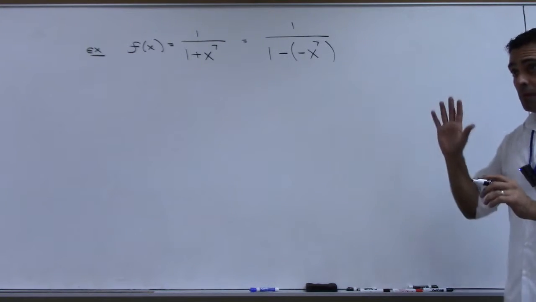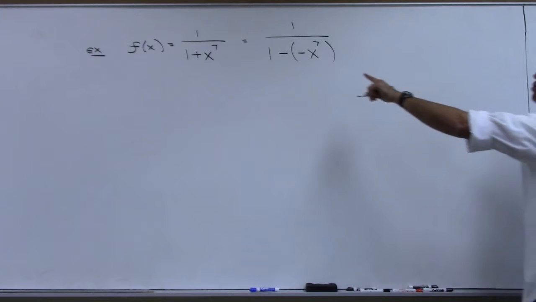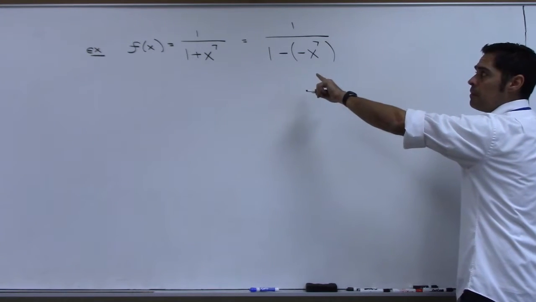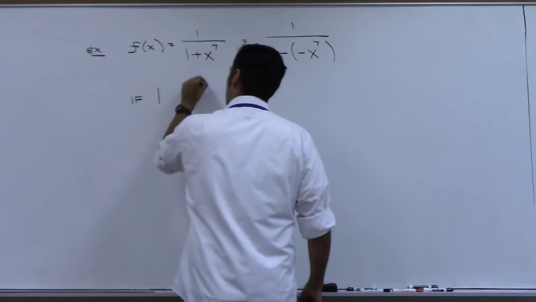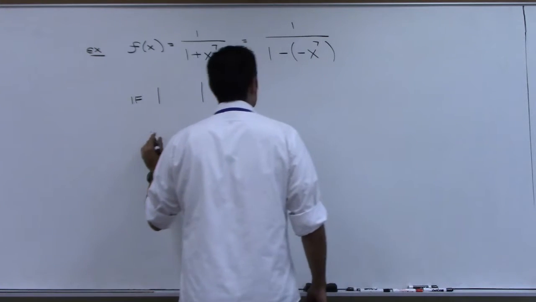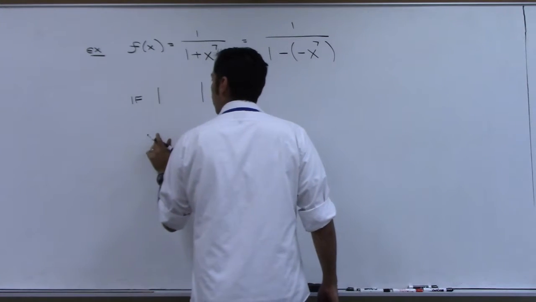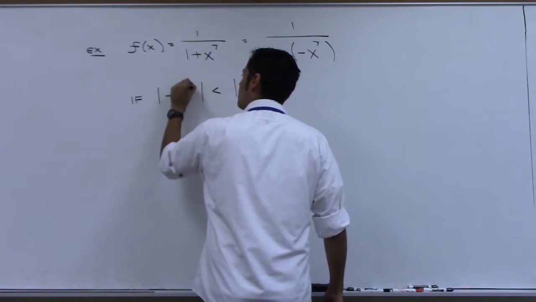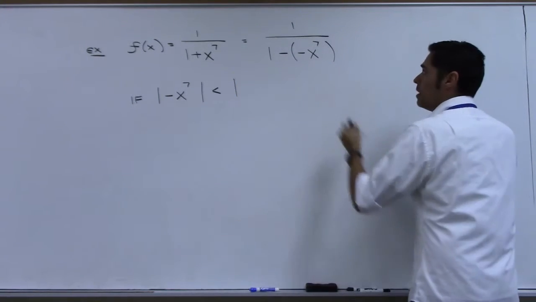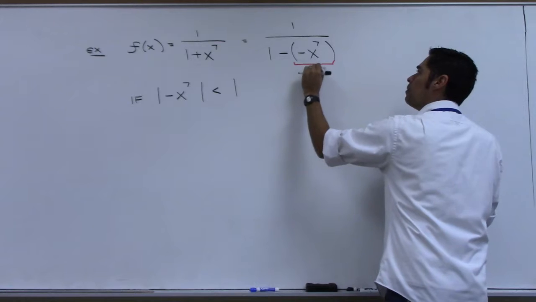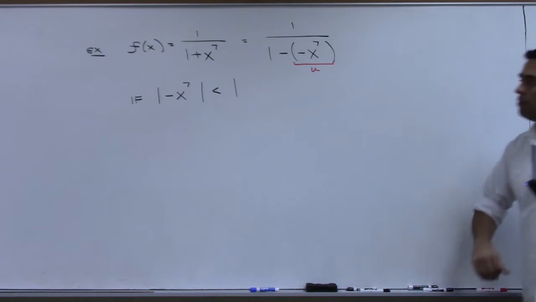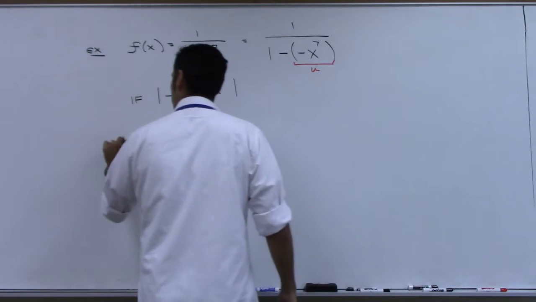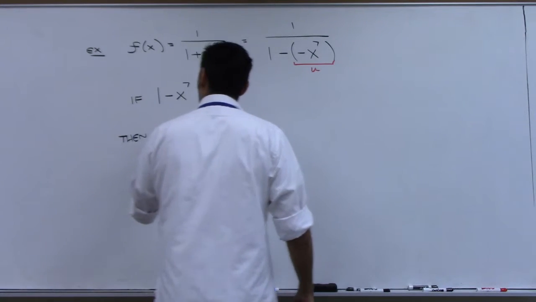So this is true, right? And if the absolute value of what is less than 1? Negative x to the 7th, right? That's the part that we are going to be calling our u. That's the u in the problem. If the absolute value of it is less than 1, then we can rewrite this function as a power series.